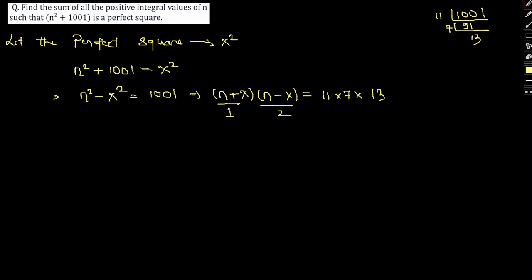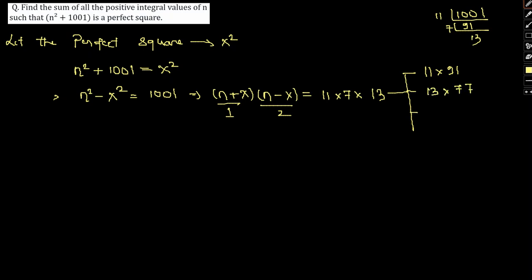So first one, let me represent the same in this way. First can be 11 into 91. Second can be 13 into 77.